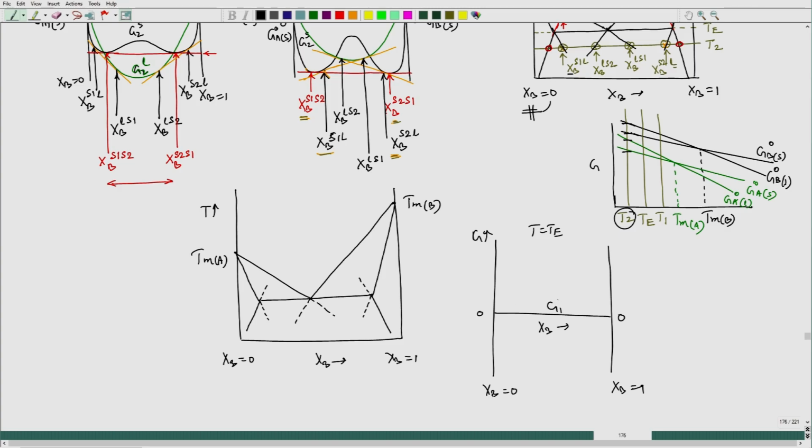This one would be G 1 S, this one is G b naught liquid, G b naught solid, G a naught solid, G a naught liquid, G 1 liquid.